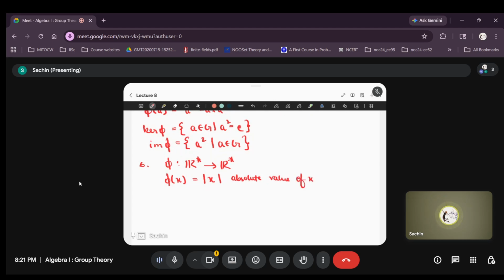So not the order of x, because other than 1 and minus 1, all the other elements in R star have infinite order. So it doesn't make sense to define phi of x that way. So phi of x is the absolute value of x.